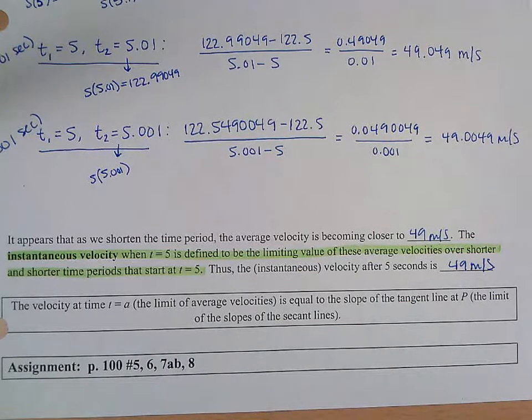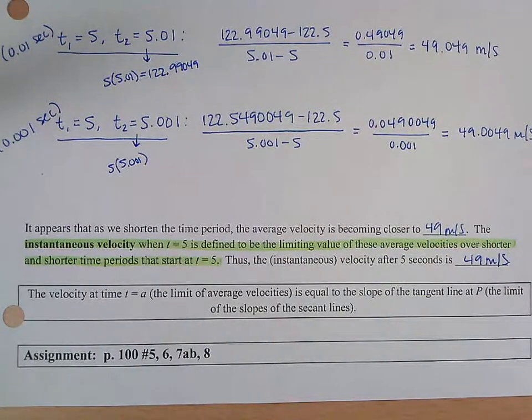So again, something you need to understand from this is that anytime you are asked to find the slope of the tangent line, if that function represents position, you are also then finding the instantaneous velocity of that object at a specific time. So the slope of a tangent line, an application of that is velocity. So two big ideas.